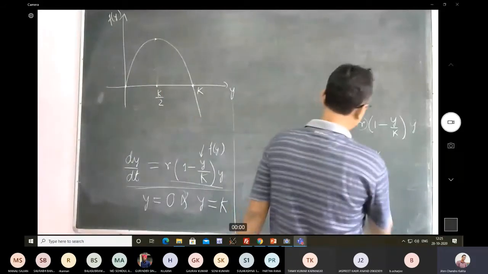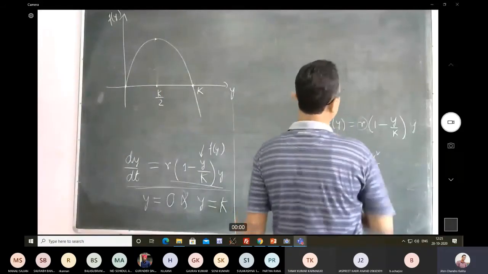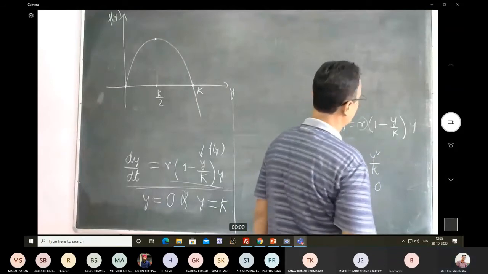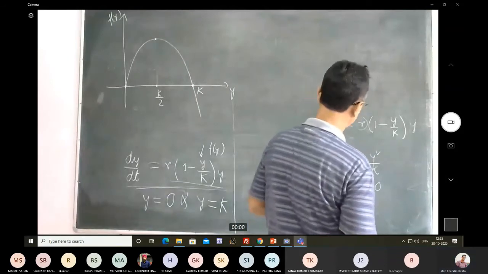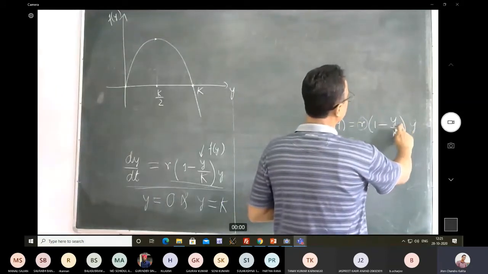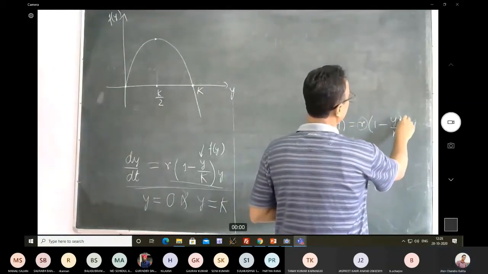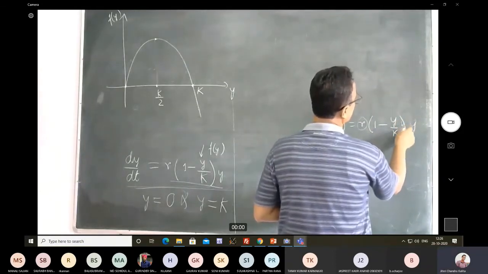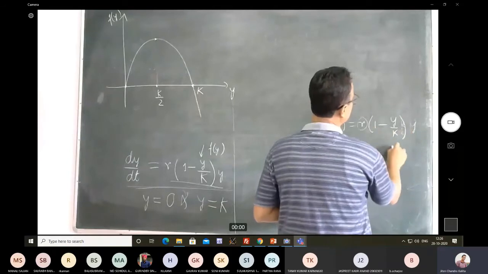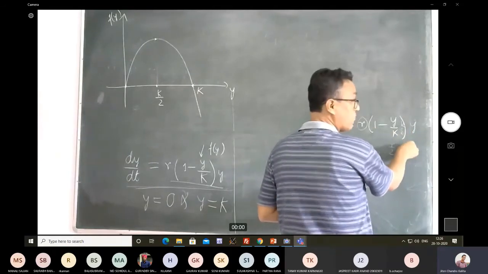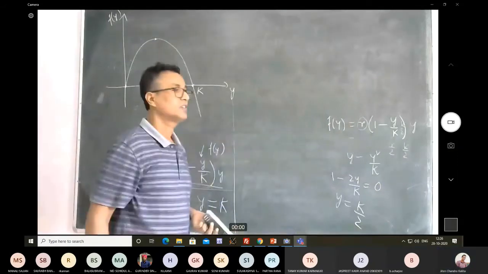Now, at k by 2, what is the value of f(y)? If you plug in, this is going to be half. So this is r by 2 into k by 2. This is rk by 4.